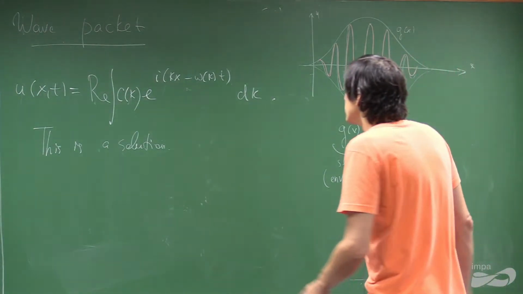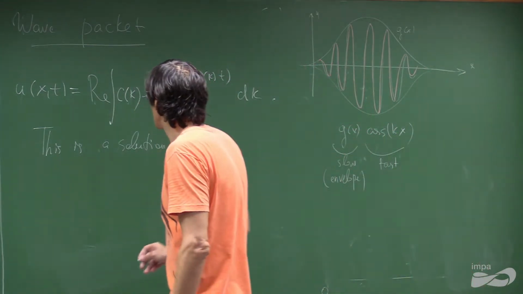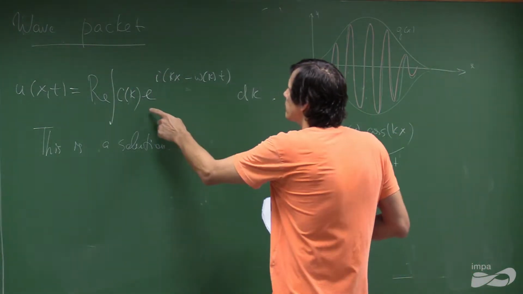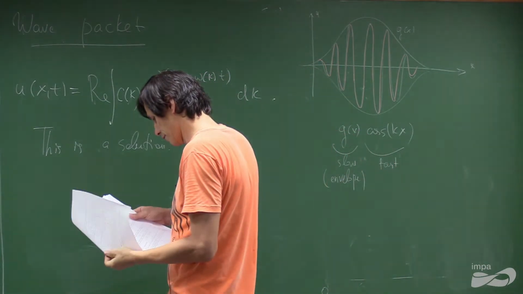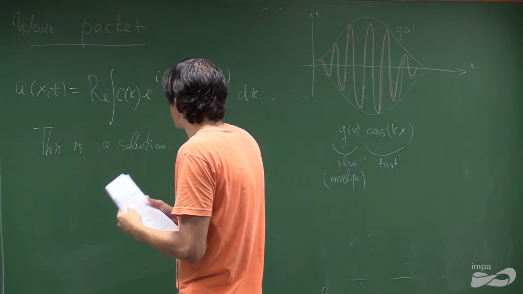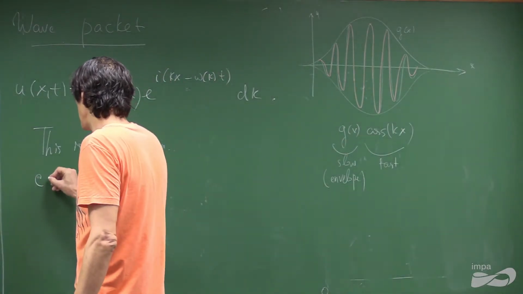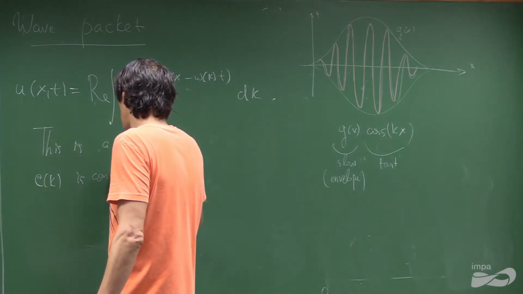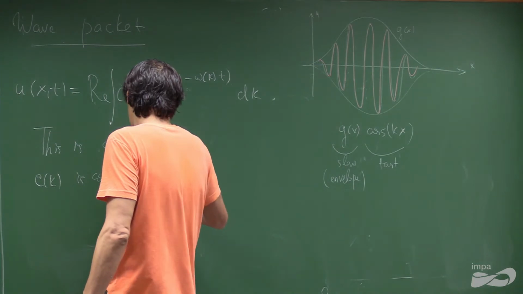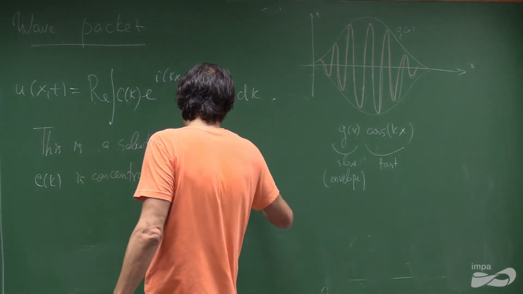Next, if we want to have a packet, we want all of them to correspond to k. So c(k) should be concentrated near some value k equal k0.